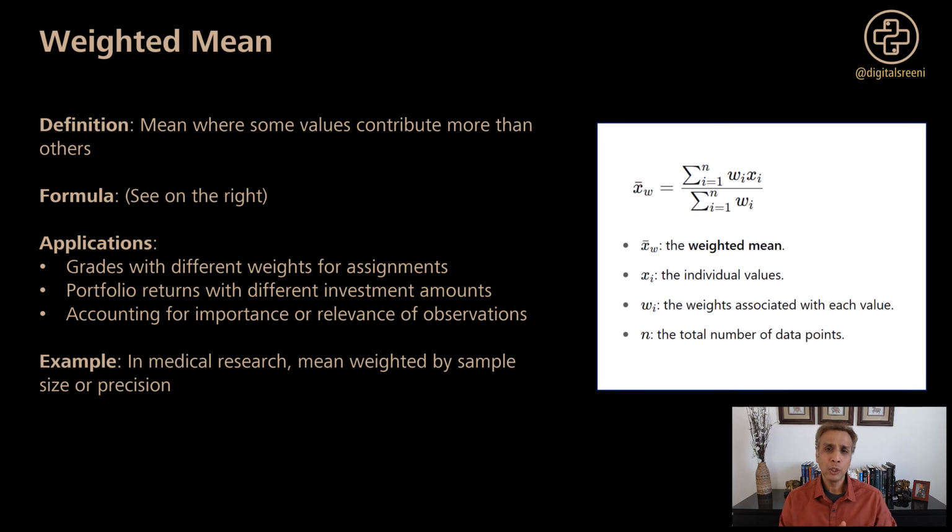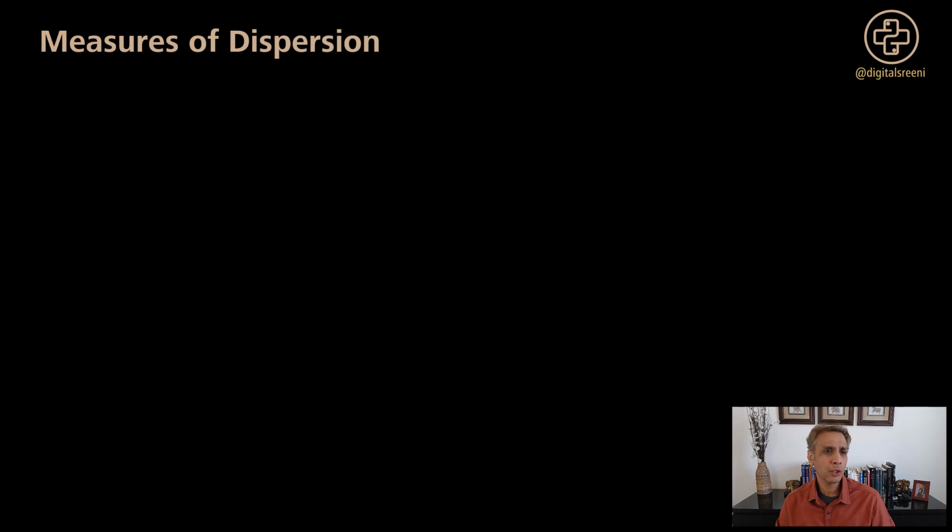You have two classes, a majority class and a minority class. And if you don't have enough data points for the minority class, you add extra weight to it, so it is almost equally represented as the majority class. So you don't have this bias towards the majority. So there are many reasons why you may consider weighting your data. So those were about centrality.